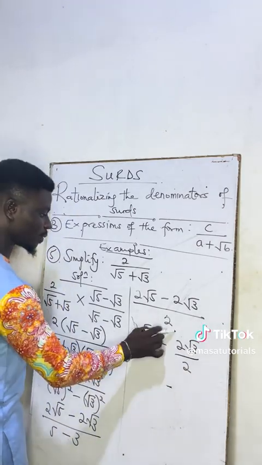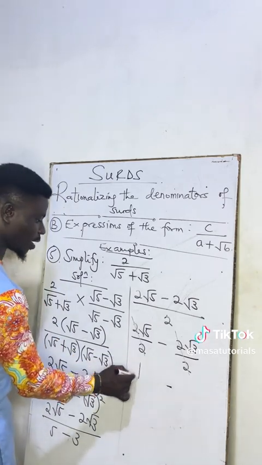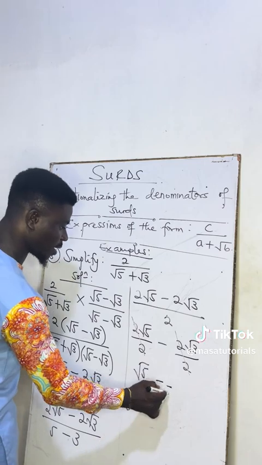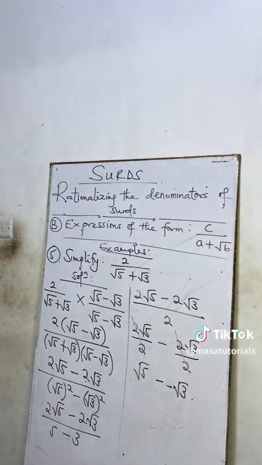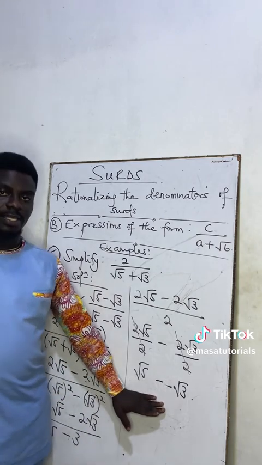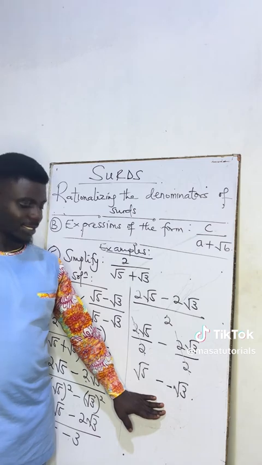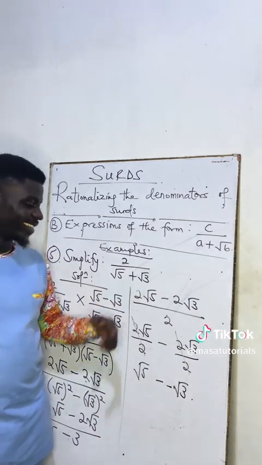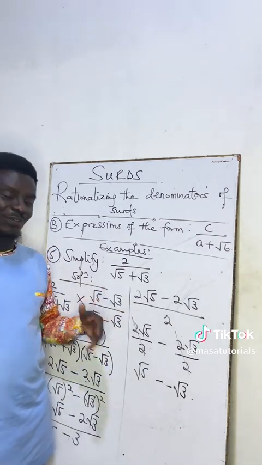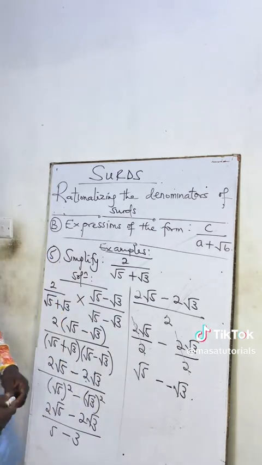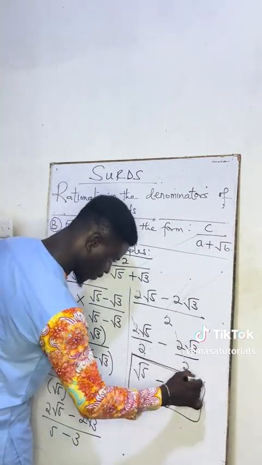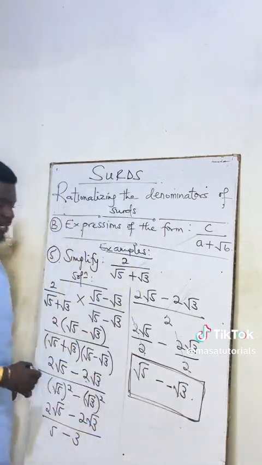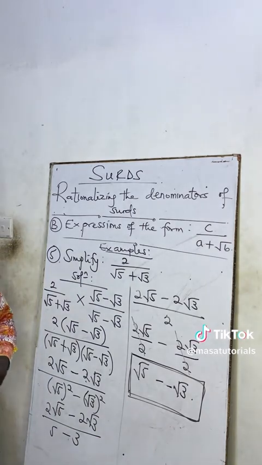This one cancels, this one cancels. What do we have? Square root of 5 minus square root of 3. And they are unlike sets. So which means that we are getting the conjugate of the denominator as our answer. So our answer is square root of 5 minus square root of 3. Very, very simple.